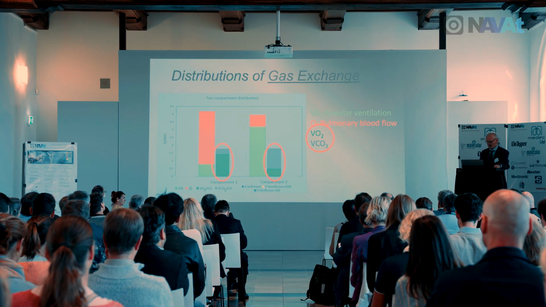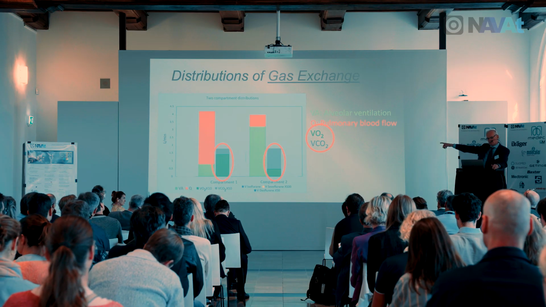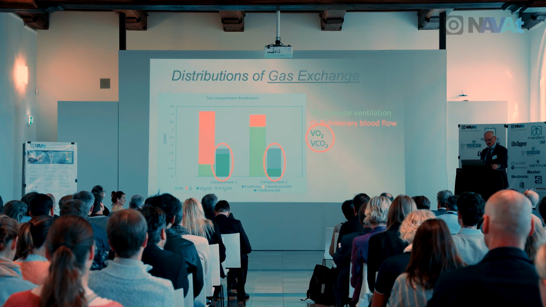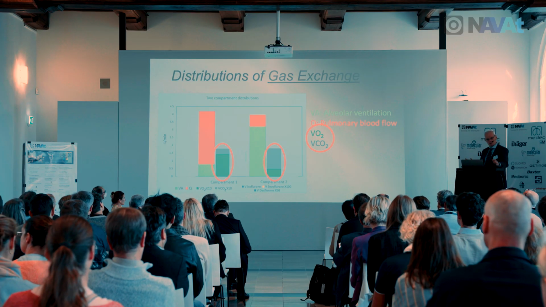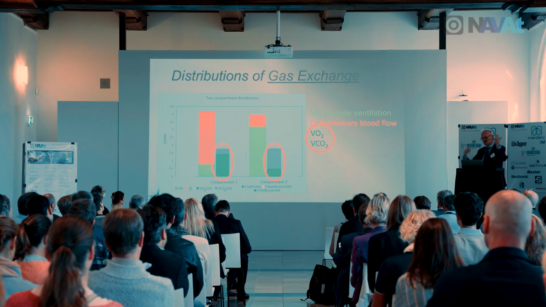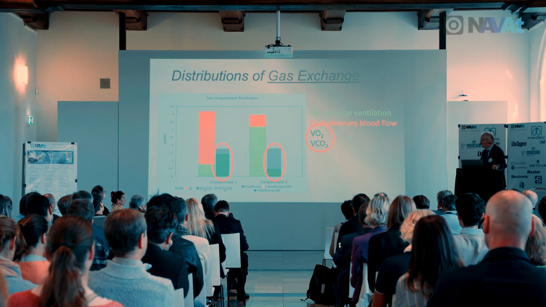Well, they'll look like this. You'll have this much oxygen uptake and CO2 elimination happening in the low VQ lung compartment on the left, and that much in the high VQ lung compartment on the right. As you can see, CO2 and oxygen are exchanging in very different parts of the lung, but we already know that. Nothing new there.